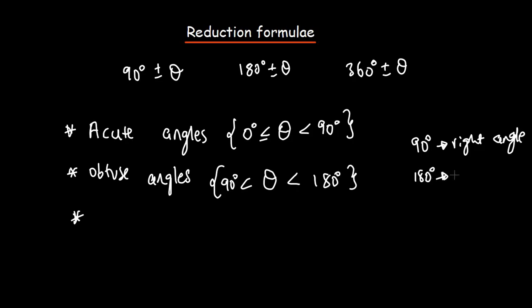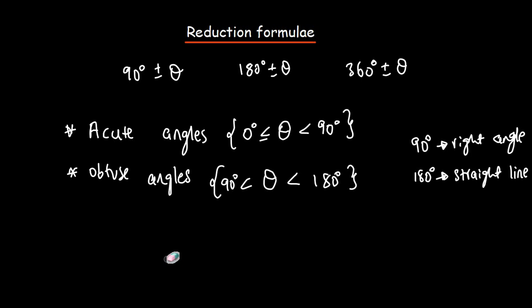If it's 180 degrees, it's called a straight line. So we don't really have an angle. Well, the angle is 180, but it causes us to have a straight line in a way. Then remember, there are other angles like reflex angles and the likes, but those are not really quite important.